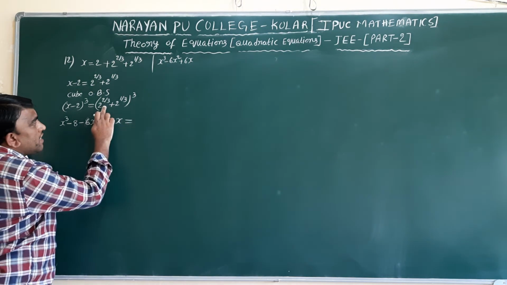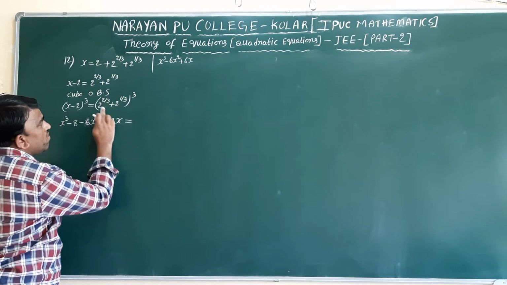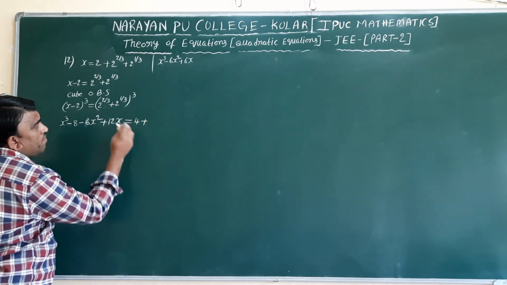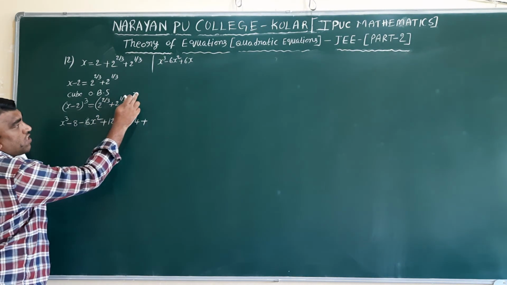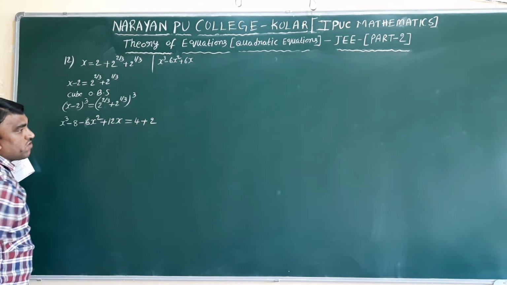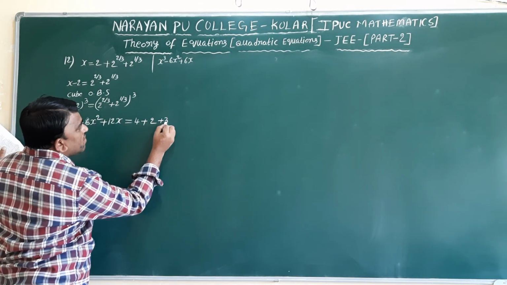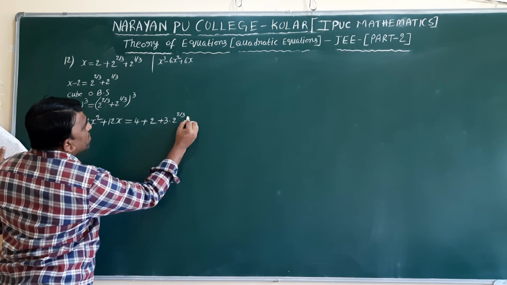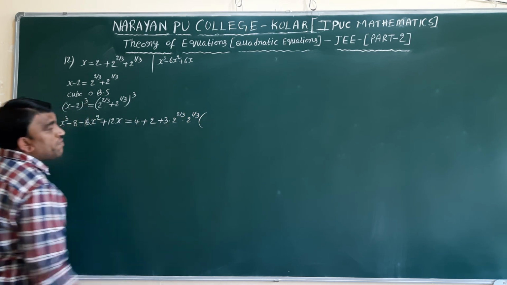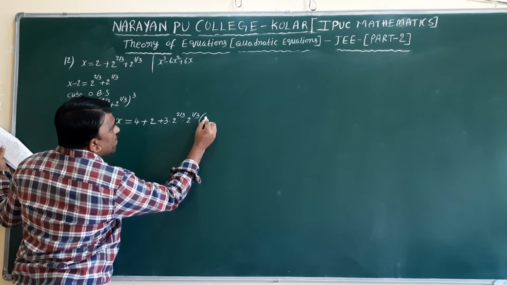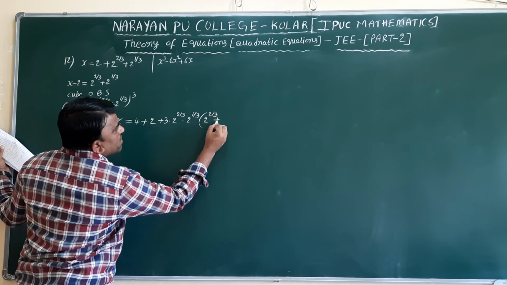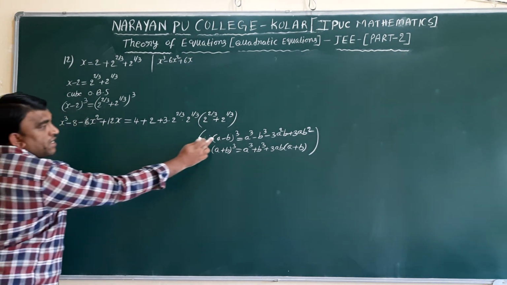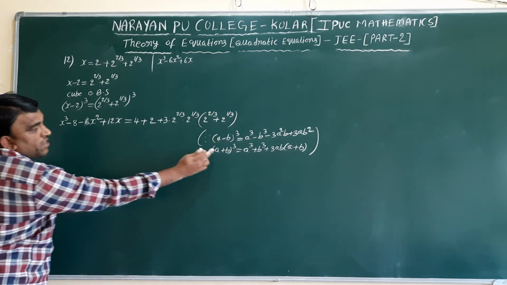Right side is the a plus b whole cube form: a cube, 2 power 2 by 3 whole cube, the cube cancels to 2 square, 4, plus b cube, 2 power 1 by 3 whole cube, the 3 cancels, 2 power 1 value is 2, plus 3ab of a plus b, 3ab of 2 power 2 by 3 plus 2 power 1 by 3. For the left side we applied the a minus b whole cube formula, and for the right side the a plus b whole cube formula.